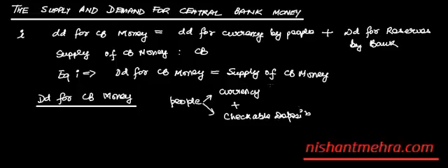Well, the money demand function, when you say demand for money, and when you say money, it means currency plus checkable deposits, right? So what is going to determine this demand for money by people?